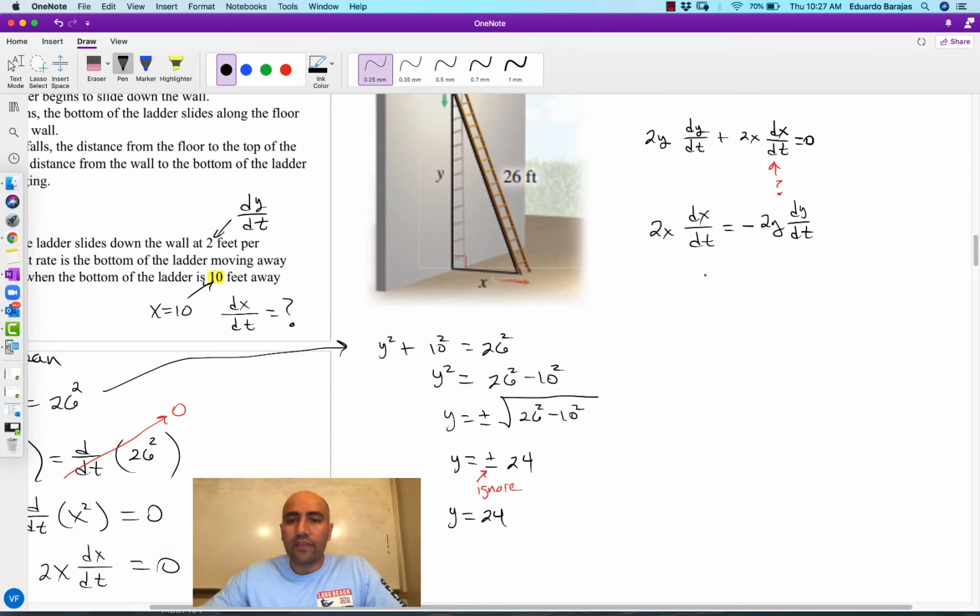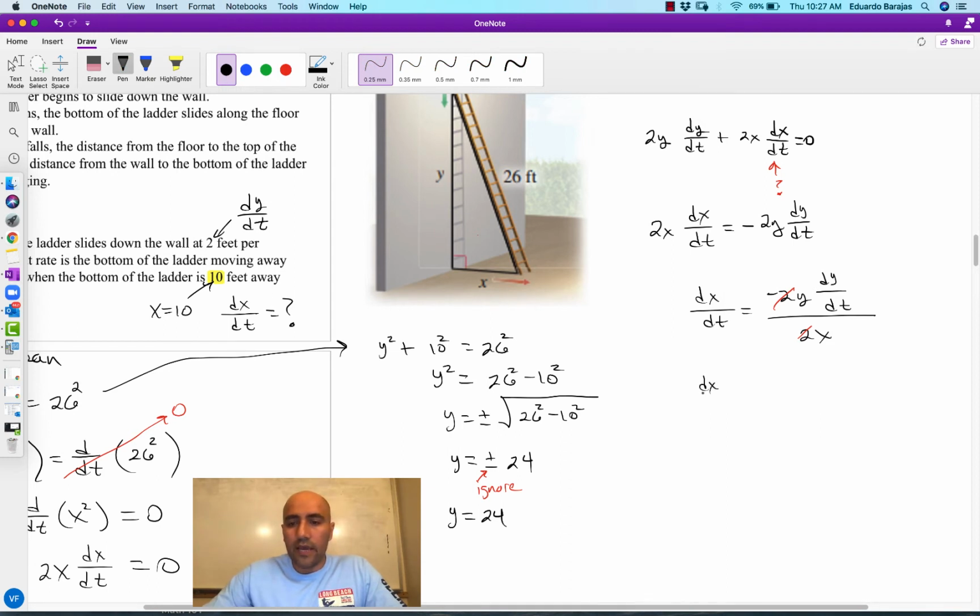Now if we divide everything by 2x, we get that dx/dt is equal to negative 2y dy/dt divided by 2x. Of course, the 2's can reduce.